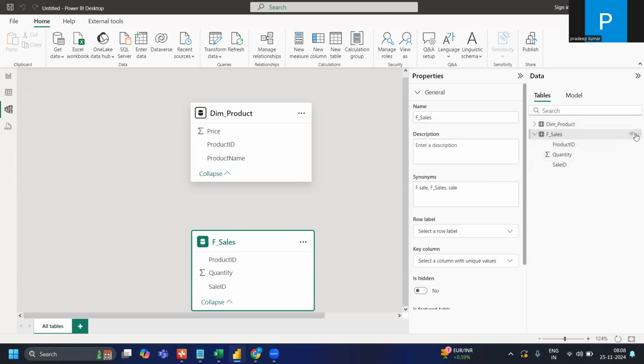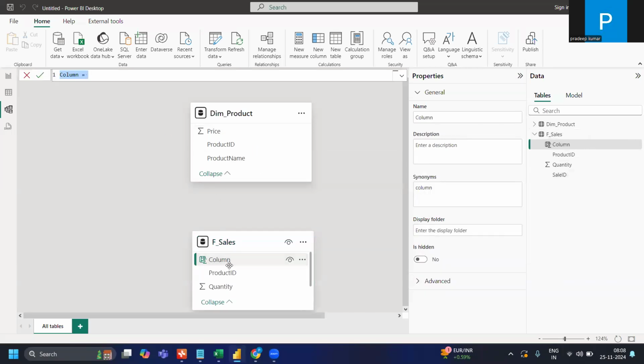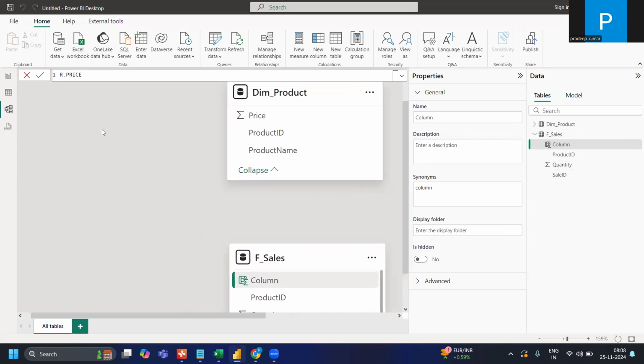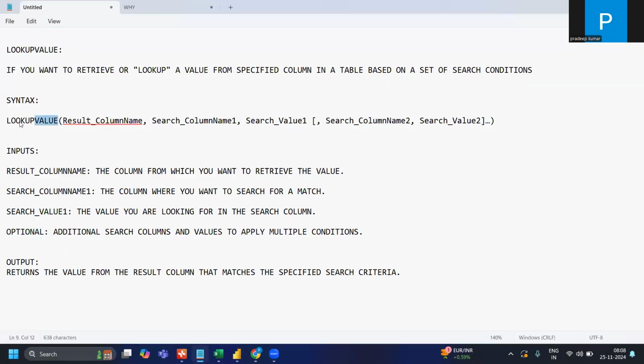So let me create a new column. We're extracting the price column into the sales table. Required price equals, what does it do?